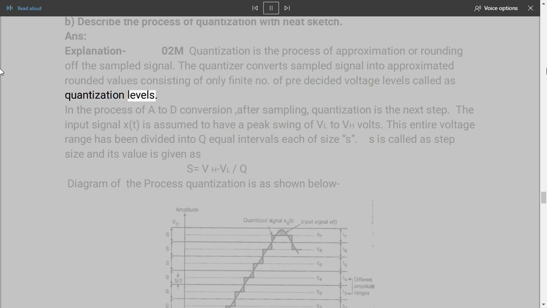In the process of A to D conversion, after sampling, quantization is the next step. The input signal x(t) is assumed to have a peak swing of VL to VH volts. This entire voltage range is divided into Q equal intervals, each of size S. S is called the step size, and its value is given as S = (VH − VL)/Q. Diagram of the quantization process is as shown below.